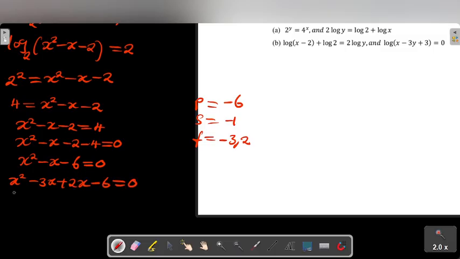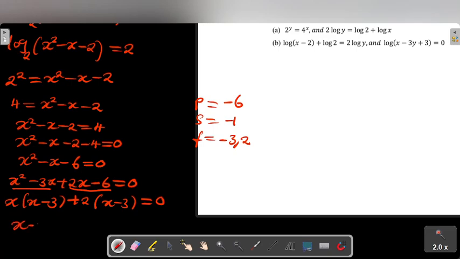Then from here, between these two pairs, we factor out what is common. x is common, so we have x minus 3. Then here we factor out the positive 2, which is common, so we have x minus 3. This is equal to 0.